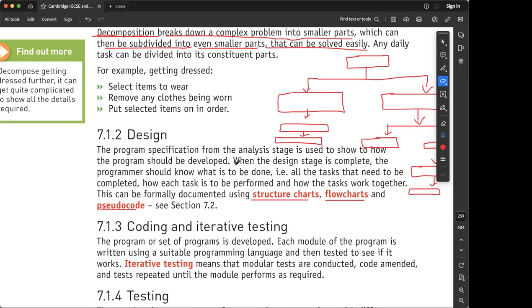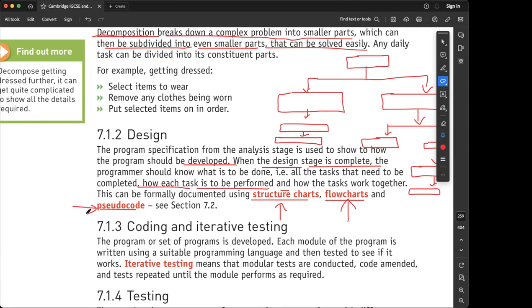The programmer should know how the program looks. Once he develops the program code, by designing the structure charts and flow charts, he comes to know how the program looks and how each task is performed. So the design phase can be completed with structure charts, flow charts, and pseudocode.